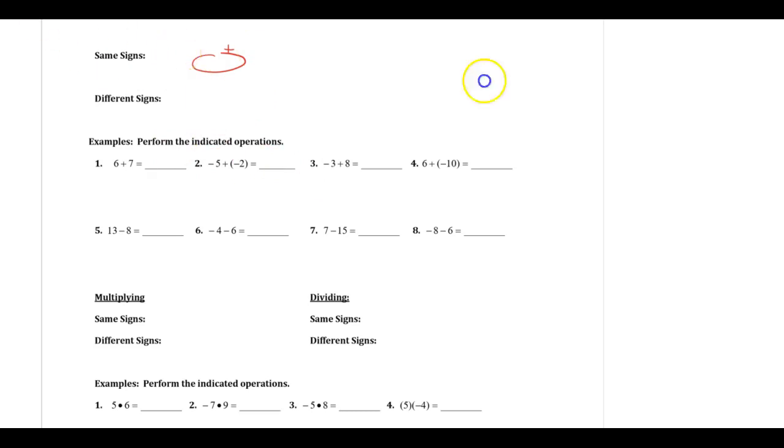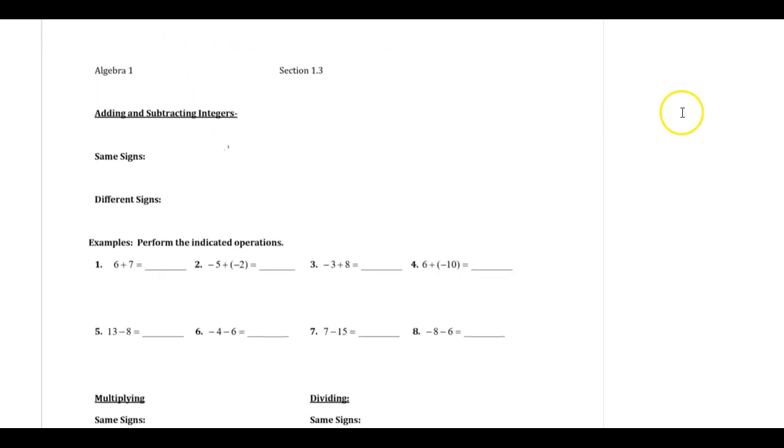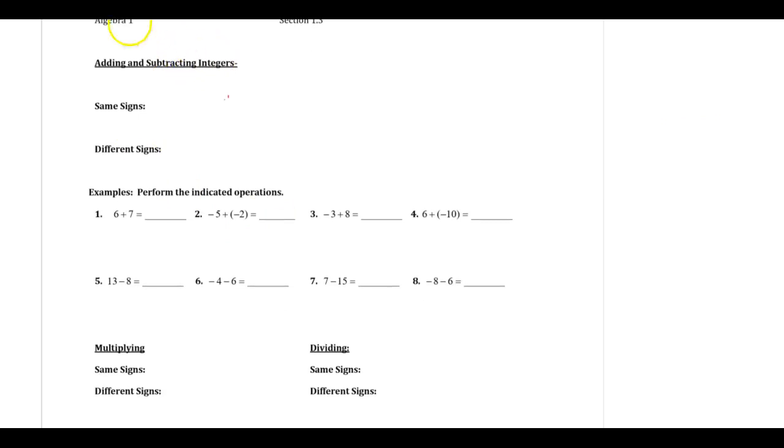So, right away here, when we go to add and subtract integers, if we are adding same signs, meaning I have like a positive plus a positive, or a negative plus a negative, I basically add the numbers and carry the sign.